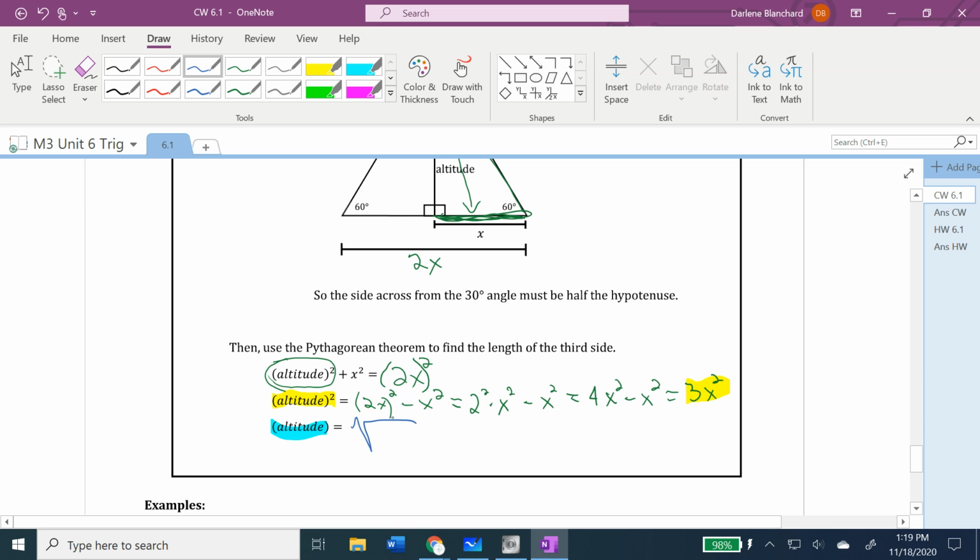So I have square root of 3x squared. The multiplication of the 3 and the x squared are allowed to part ways because we can distribute roots and exponents over multiplication. And this interesting little number, root 3, pops out.